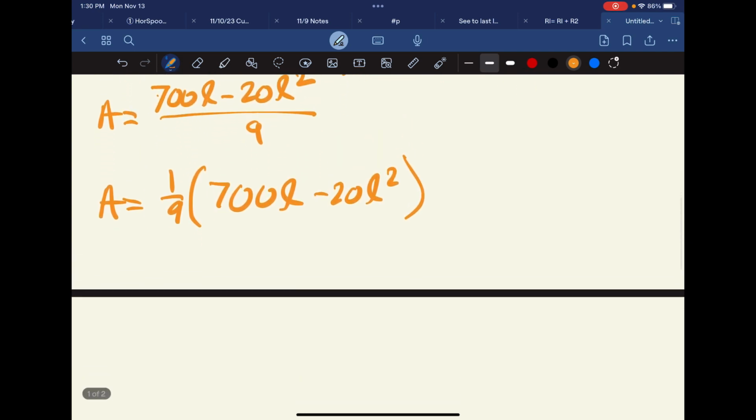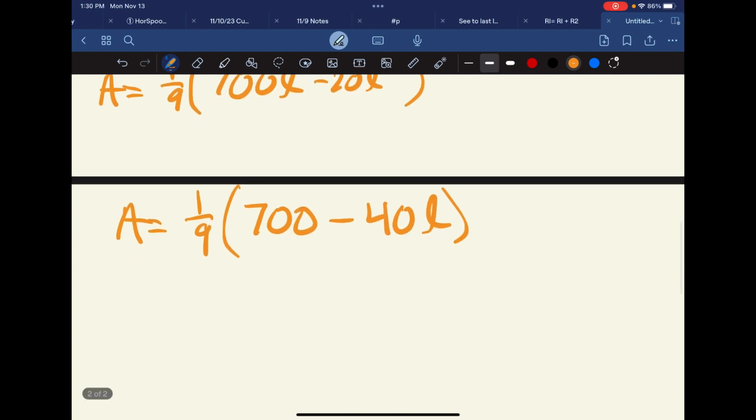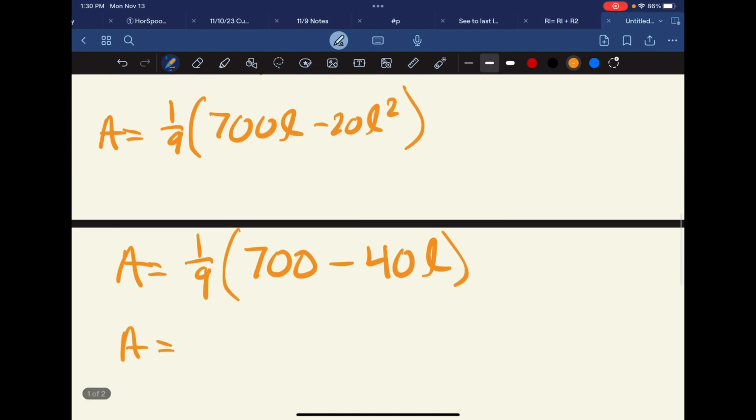So our derivative is going to be 1/9 times (700 minus 40L). So this is A prime. We just took the derivative of it.